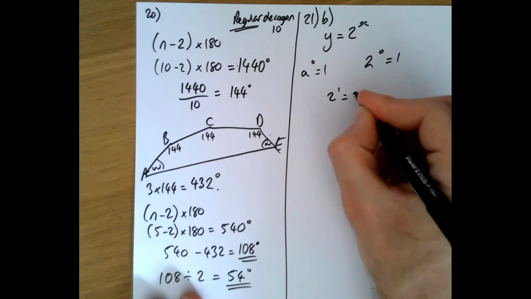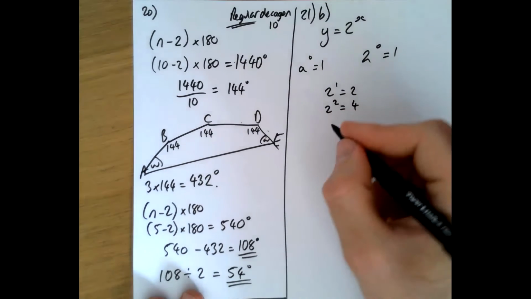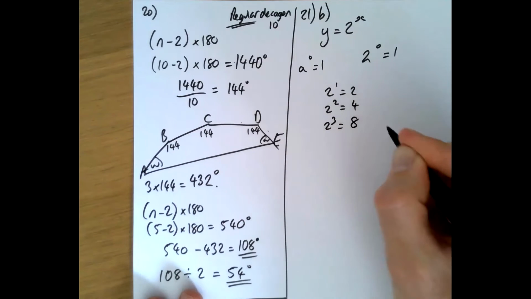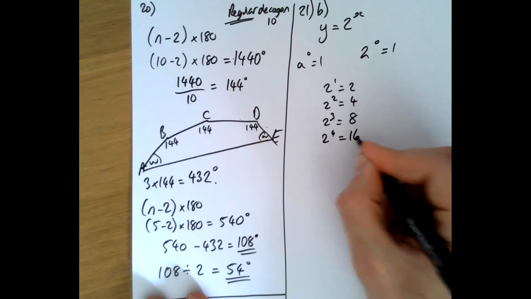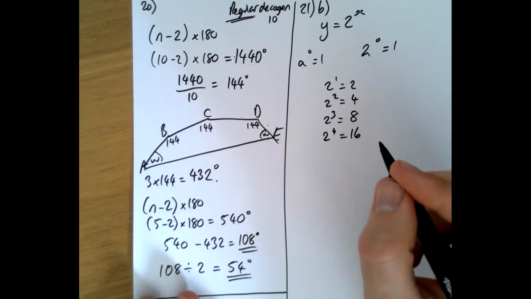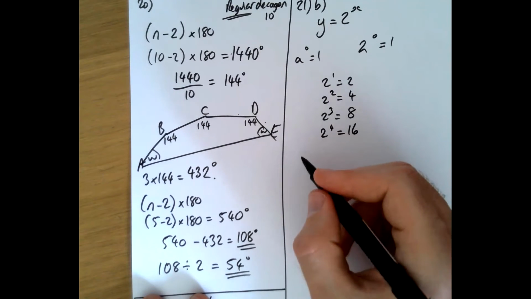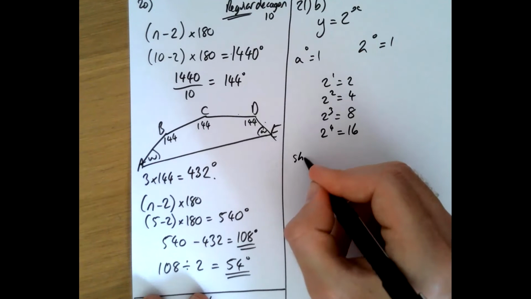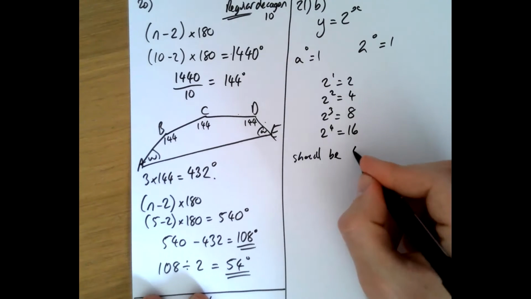That's correct. 2 to the power of 2 is 4. That's correct. 2 to the power of 3 is 8. That's correct. 2 to the power of 4 is 16. No. Okay, they've plotted it at 15. So make one criticism. Should be 16.